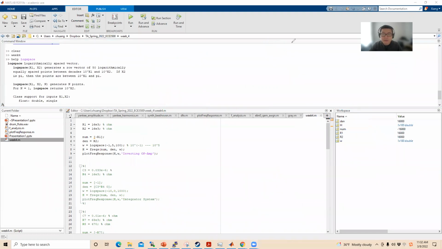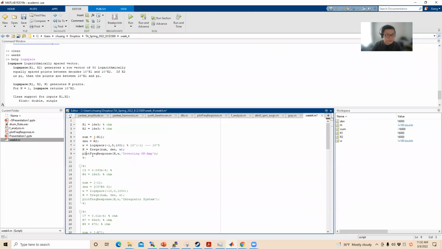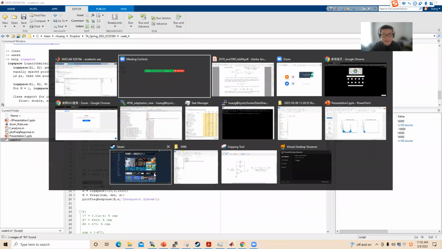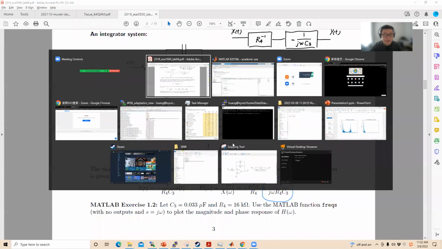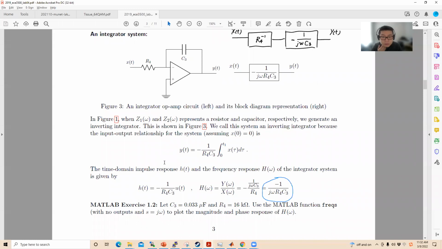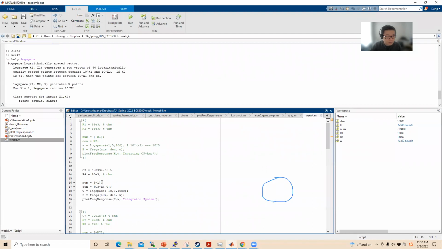Here I have defined the capacitor and the resistor, C3 and R4, and corresponding to our equation, our numerator has only one value.